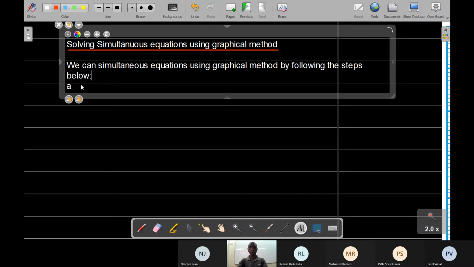The first step is we begin by finding the coordinates of the given simultaneous equations.